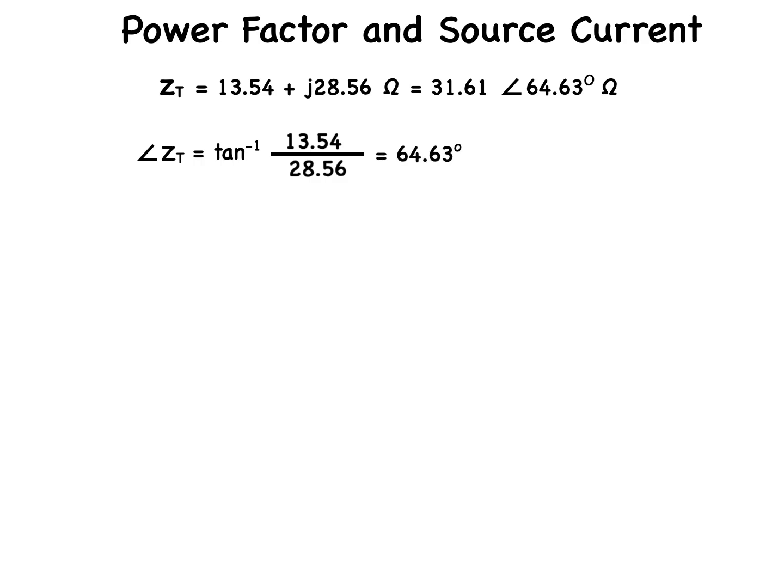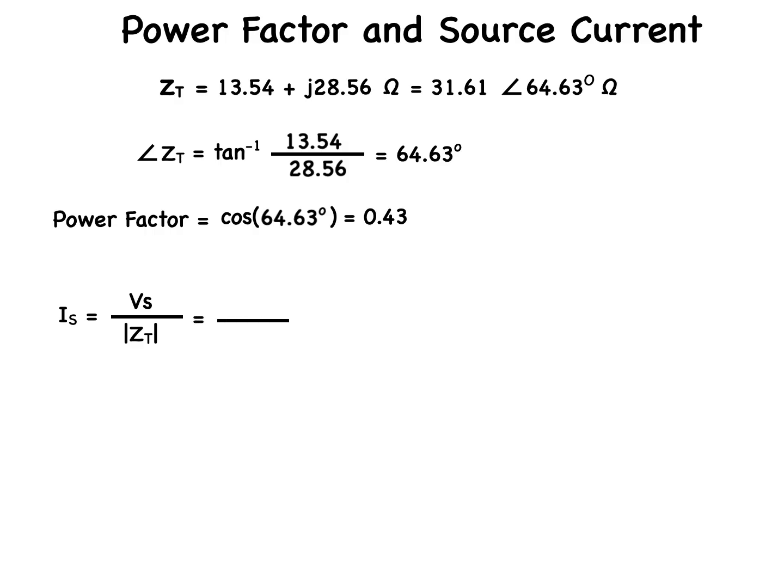The power factor then is the cosine of that angle, which is cos 64.63, which equals 0.43. Now, in order to calculate the source current that the motor draws, it is given by the applied voltage over the magnitude of the total impedance, or 240 divided by 31.61, which works out to 7.59 amps.